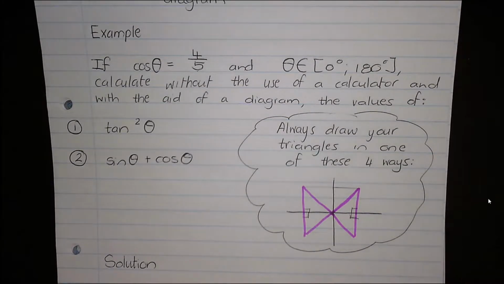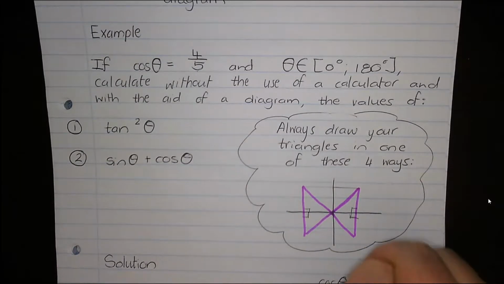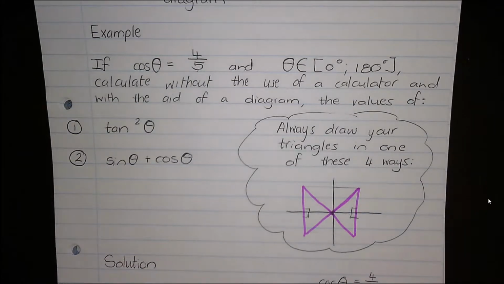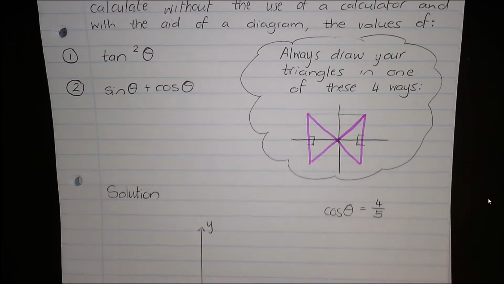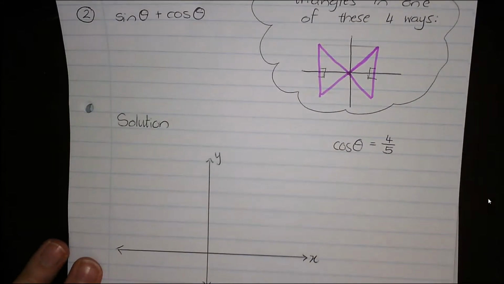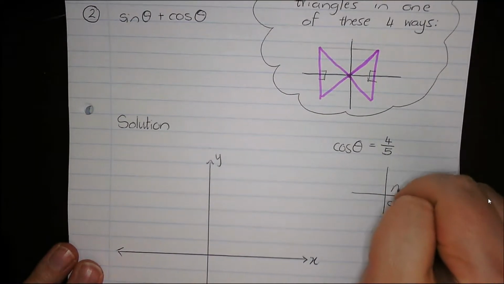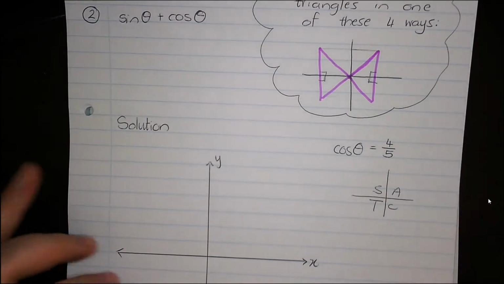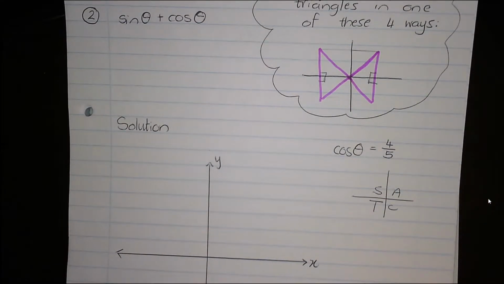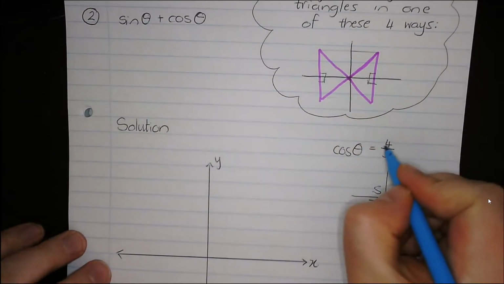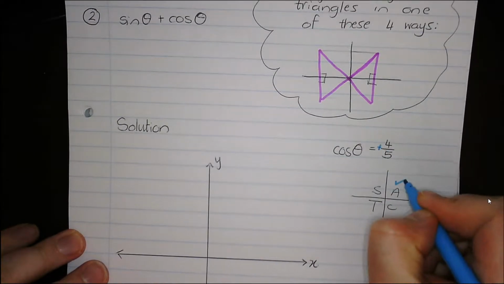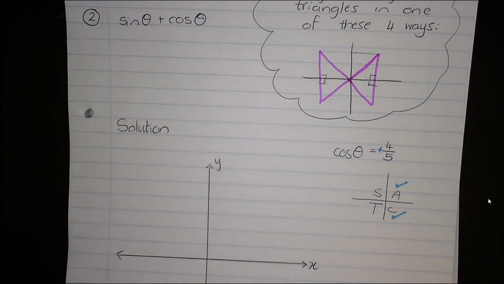We have a lot of information here. We know that cosine of theta is 4/5, and this is our CAST diagram. We know that cosine is positive, so that is in A and C over there.